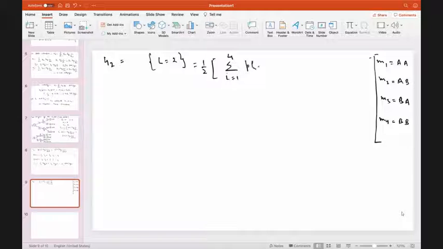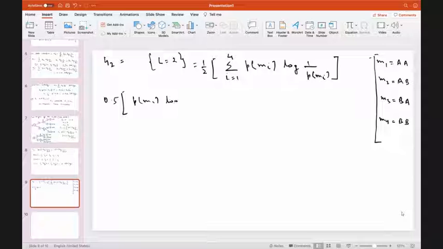You will have P(Mi) log 1 over P(Mi). Okay, so now this would be 0.5 P(M1). I'm just going to put a minus sign here and just write them as, sorry, just a minute.